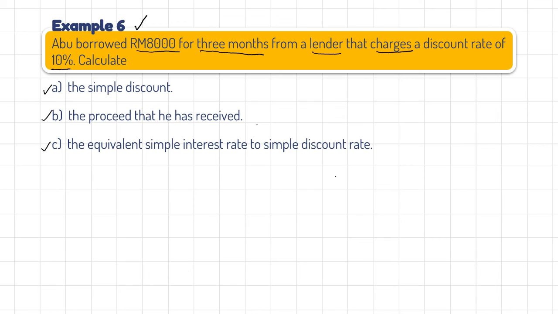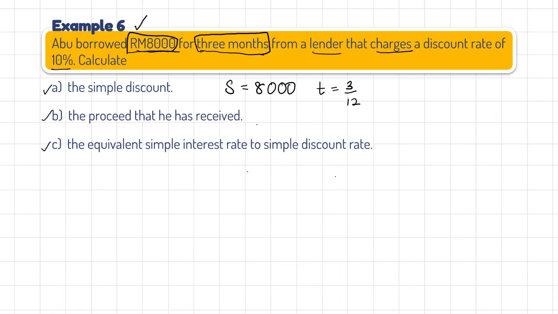Firstly, let's rewrite the information that we have. 8,000 ringgit is the amount that Abu borrowed, so this is represented as capital letter S, which is 8,000 ringgit. Next, we have 3 months, referring to small letter t. Therefore, t equals 3 over 12, since our t must be represented in years.